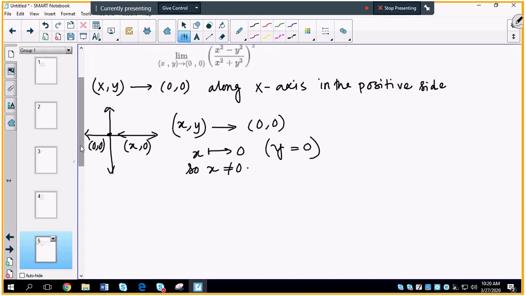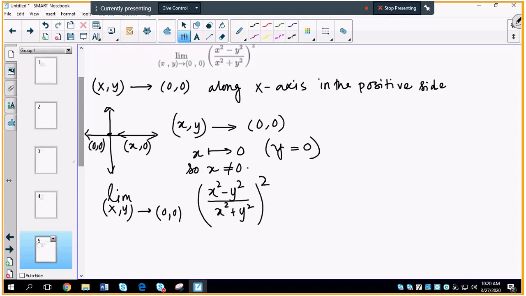I'm going to change the given limit, which was the limit as x comma y approaches 0 comma 0 for the function, and my function was x squared minus y squared over x squared plus y squared, and the entire thing squared. That's what I'm trying to find the limit for.